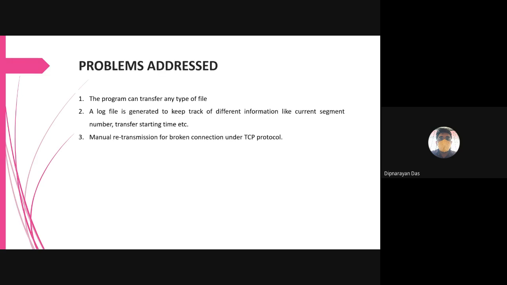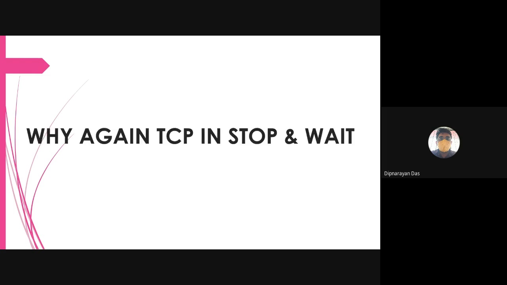So what are the problems addressed here? The program can transfer any type of file. A log file will also be generated, and we have implemented manual retransmission for a broken connection under the TCP protocol. The question that first comes is, why again TCP in stop and wait?